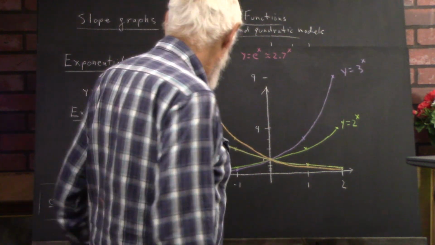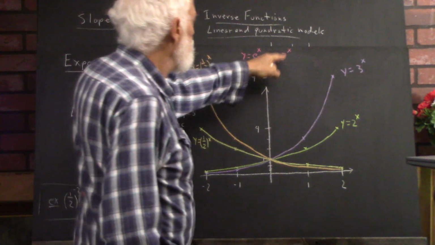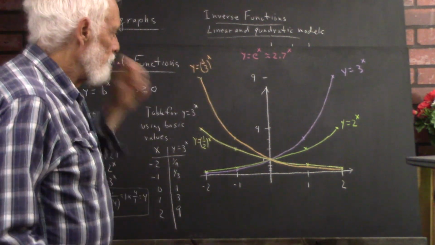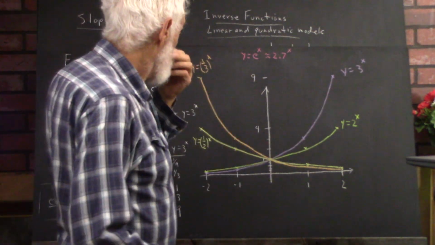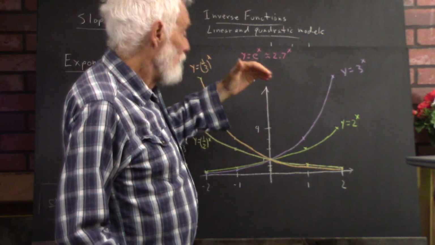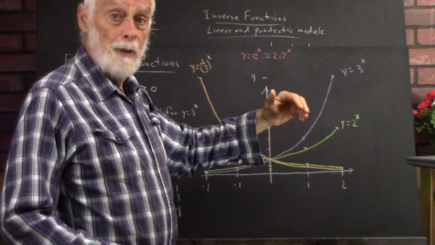Well, without going into detail, 2.7 to the x, we would expect to have a graph that's between 2 to the x and 3 to the x, wouldn't we? 2.7 to any positive power is going to be less than 3 to that positive power and greater than 2 to that positive power.